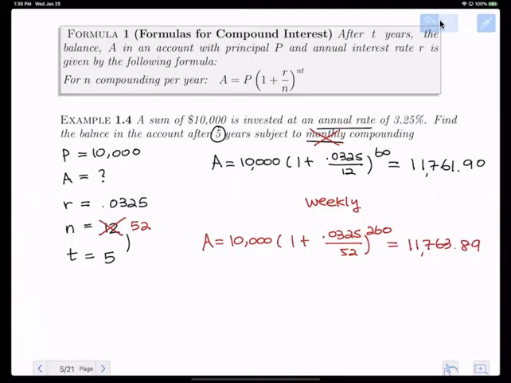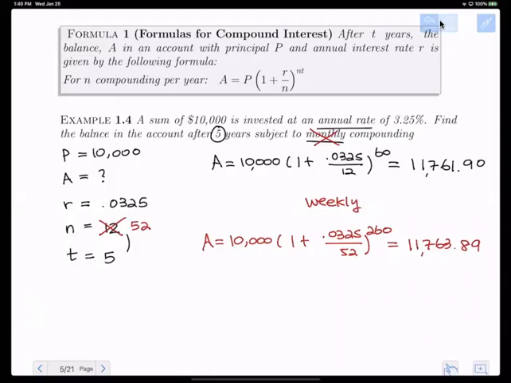Why is that? It's because it compounds more. It's compound interest. Another way to say it is interest on interest. So even though it is 3.25% contributed monthly or weekly, every week we get interest.